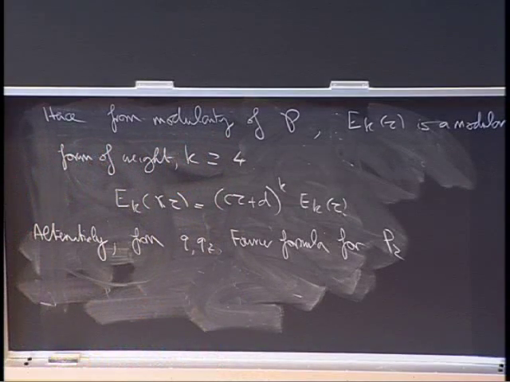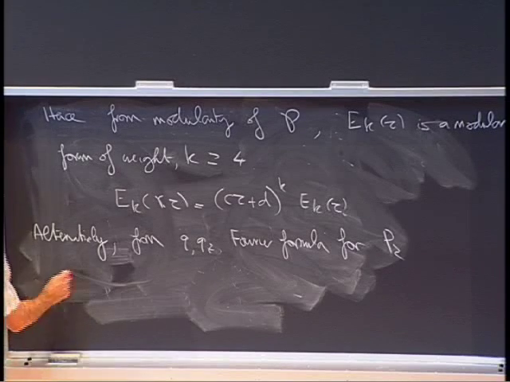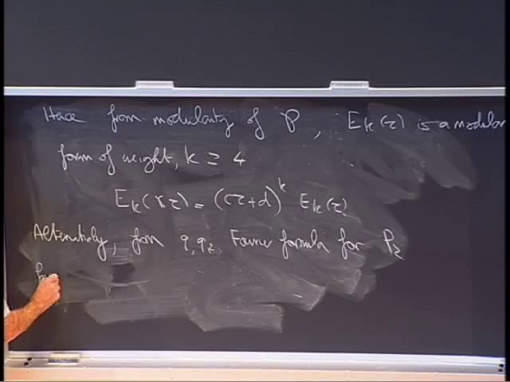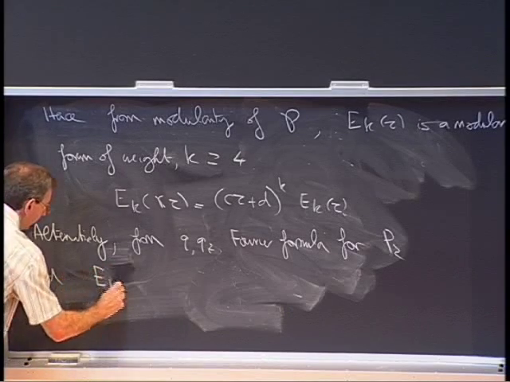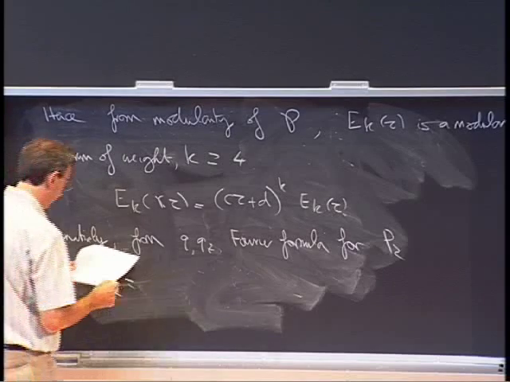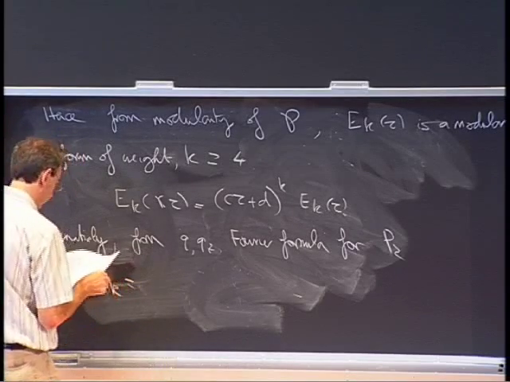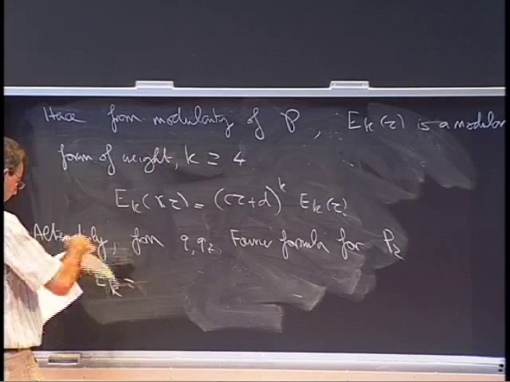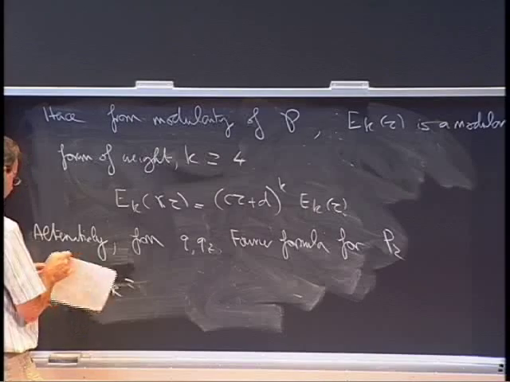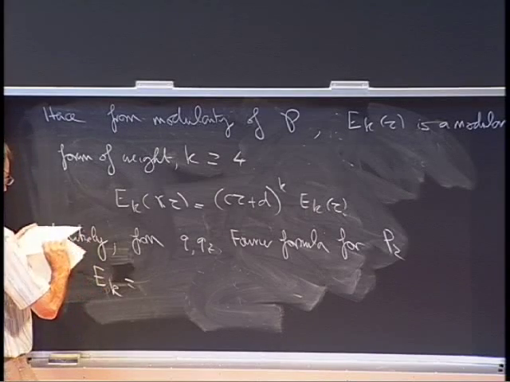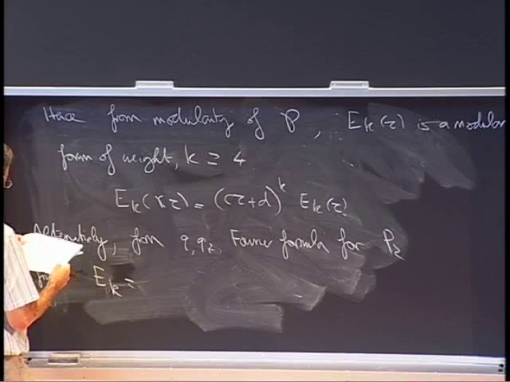That can be expanded also in terms of z, and you get an alternate expression for these Eisenstein series. We find a formula for e_k, which is explained on page 4 of the notes.